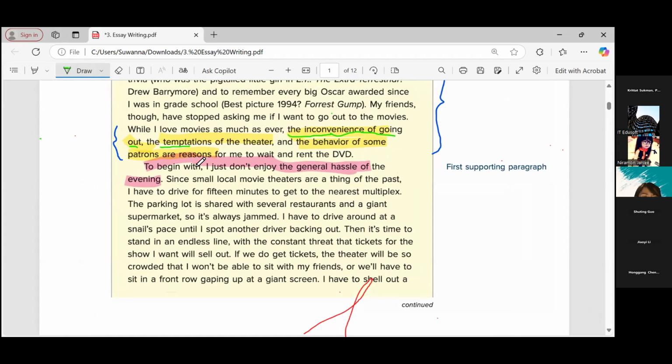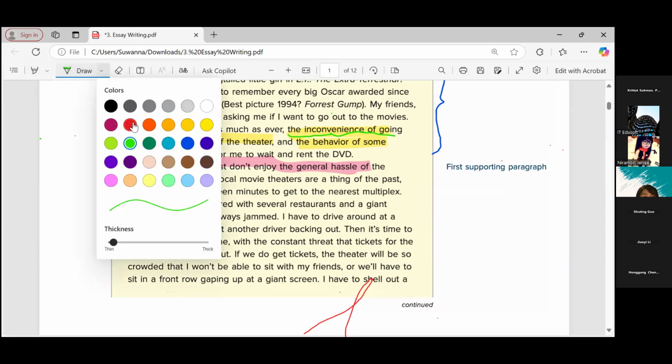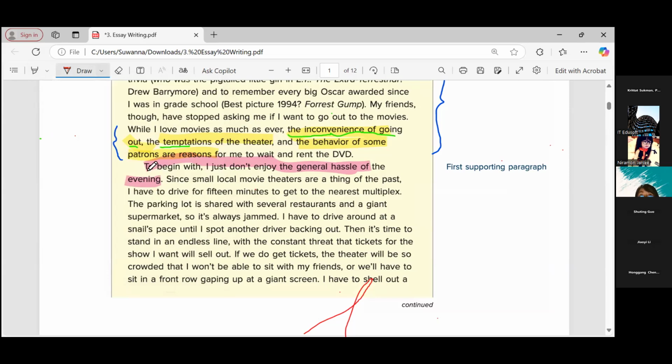The first supporting paragraph has this sentence as its topic sentence: "To begin with, I just don't enjoy the general hustle of the evening."